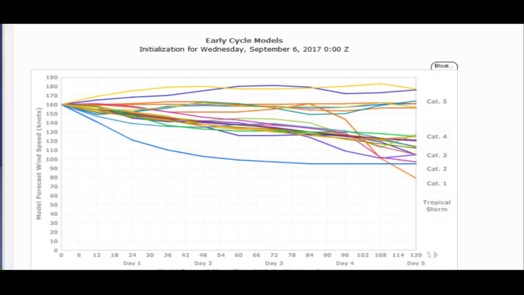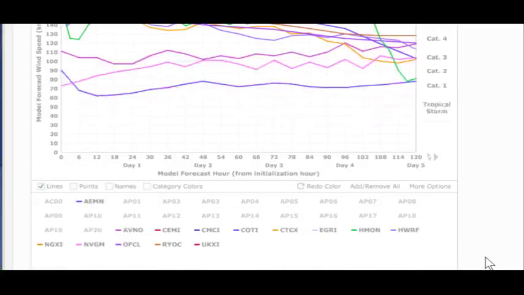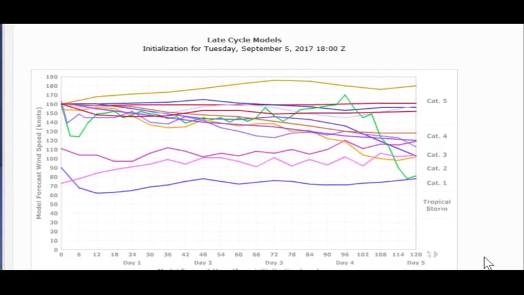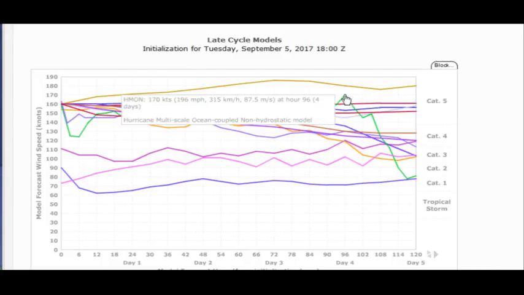I guess maybe it doesn't forecast intensity. That's kind of weird. Oh, here it is, late cycle models. Yeah, even with that absurdly low pressure of 850, it's only got 170 knots here.